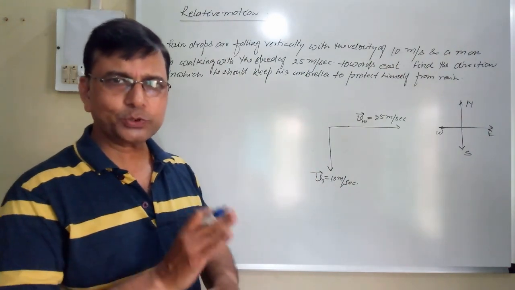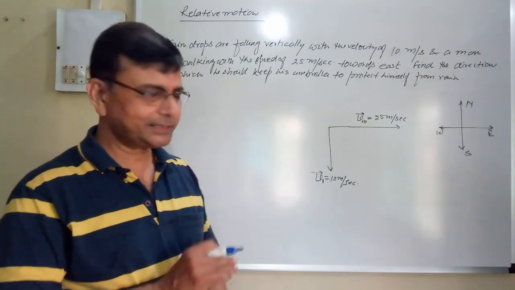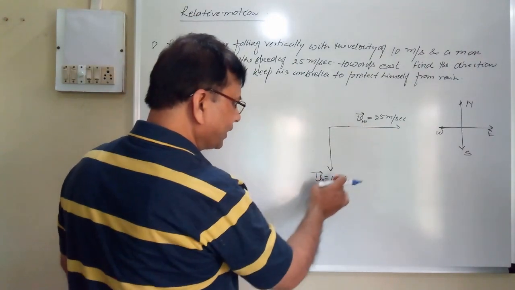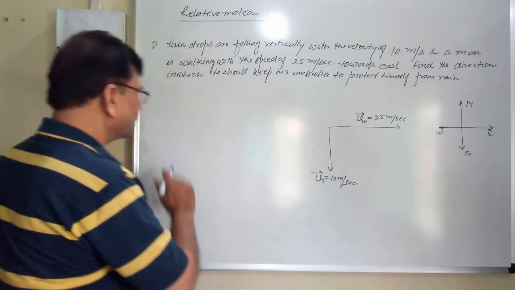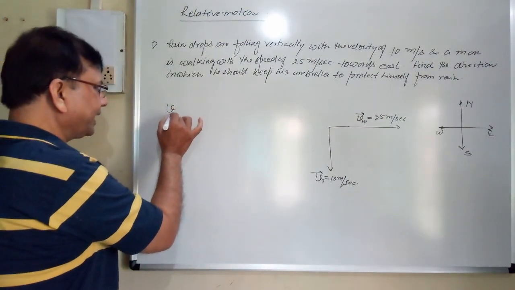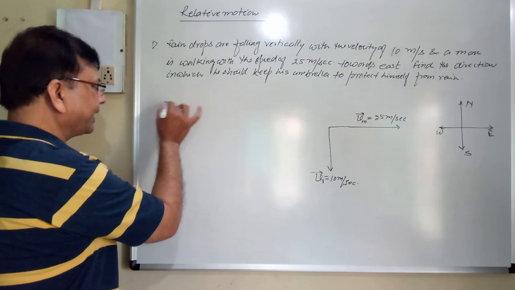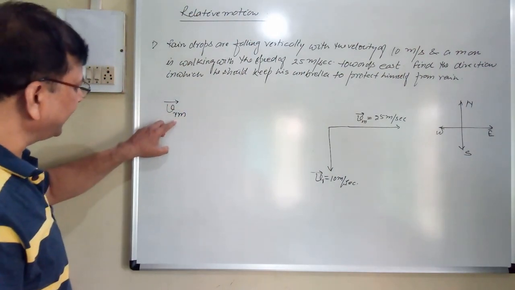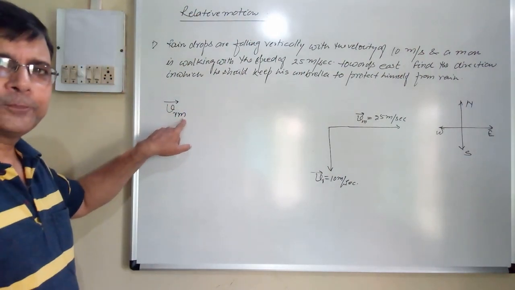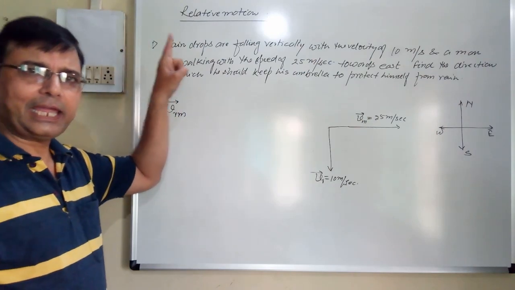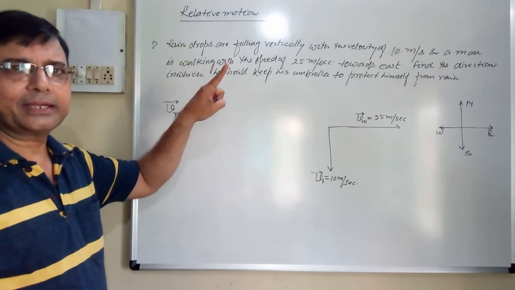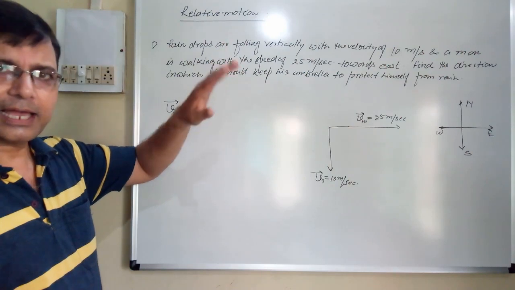So in which direction should he keep the umbrella? With respect to man, I want the velocity of rain. So velocity of rain with respect to man. Velocity of A with respect to B is VA minus VB, I told you.